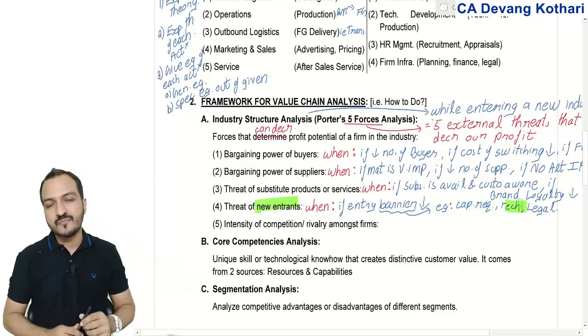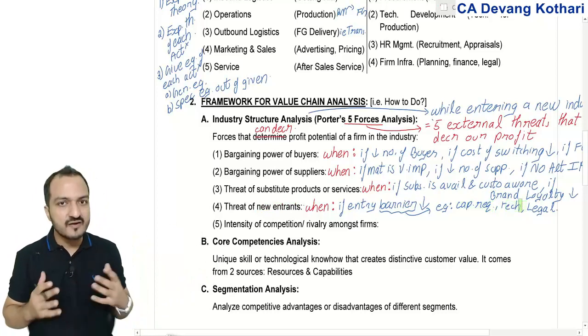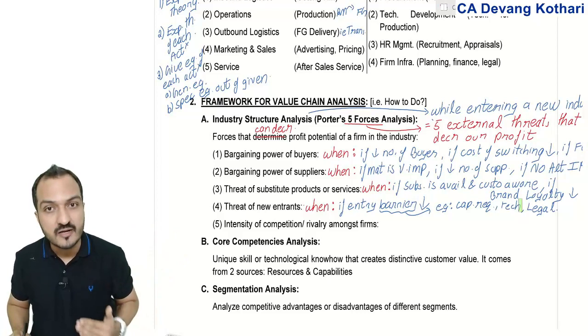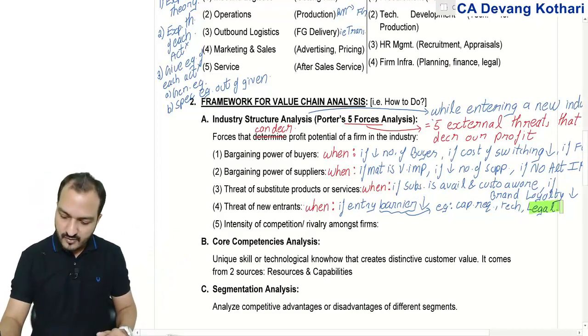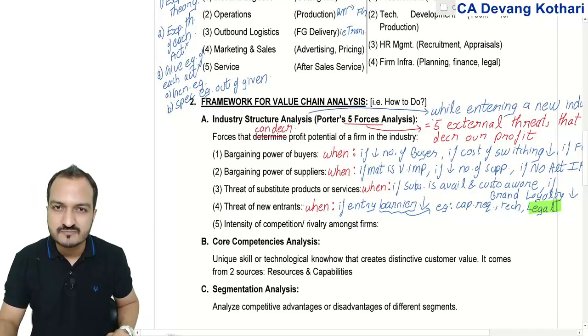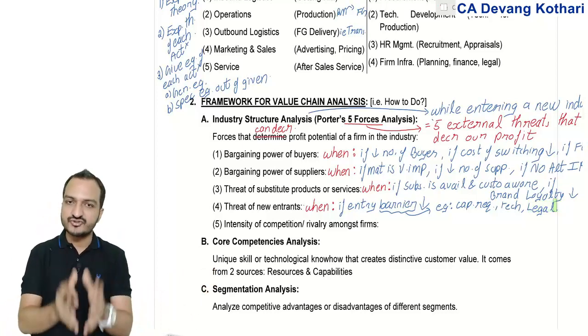Technology requirement. If your product requires huge or very complicated technology, maybe patented technology, then everybody cannot enter that business because everybody does not have that technology, right? Everyone cannot enter the business of, say, manufacturing weapons, because in a country like India, weapons manufacturing is under legal restriction.